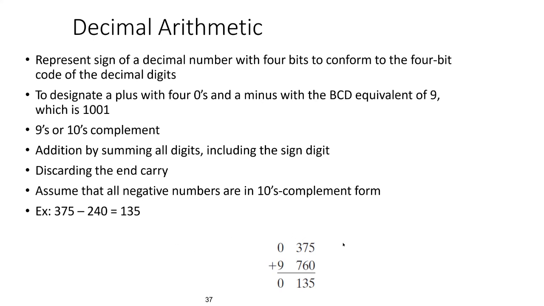So you should be representing this with 4, 4, 4, 4, 16 bits. Okay, so these numbers would be represented with 16 bits. And this is just giving you a quick example of the end result, right? If you add these two together, you come up with 135 if you want to represent it in BCD.